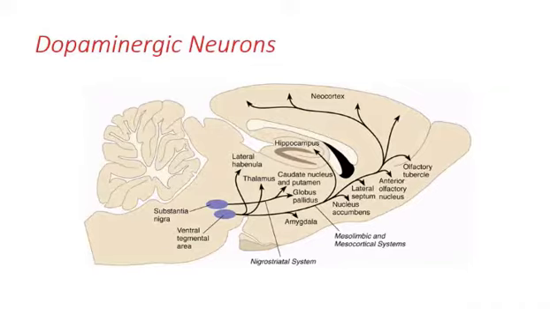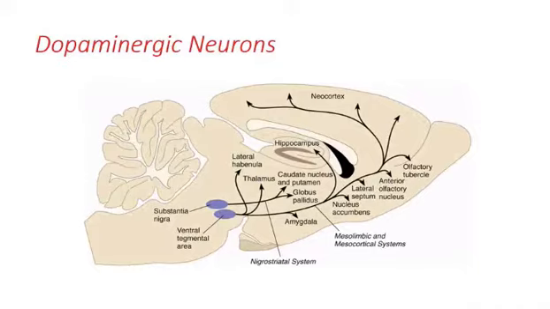And this is an example of the nigrostriatal system that originates in the substantia nigra and projects to the globus pallidus, caudate nucleus, and putamen, so the basal ganglia involved in movement.